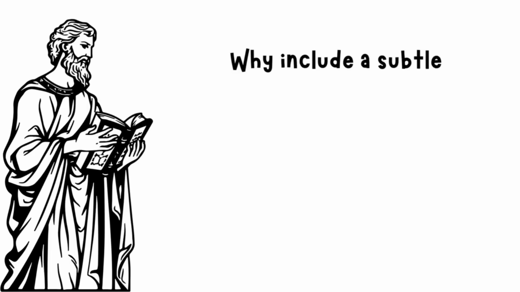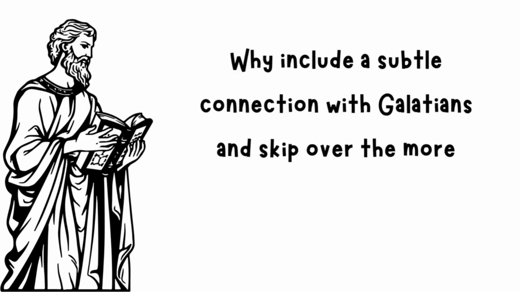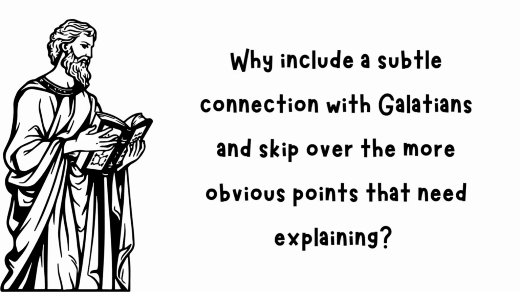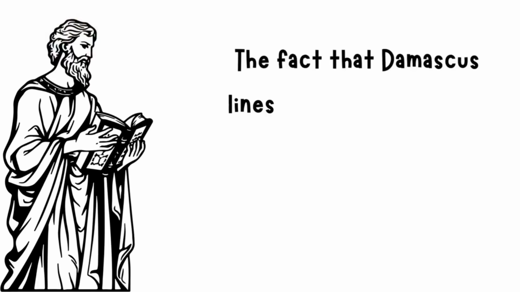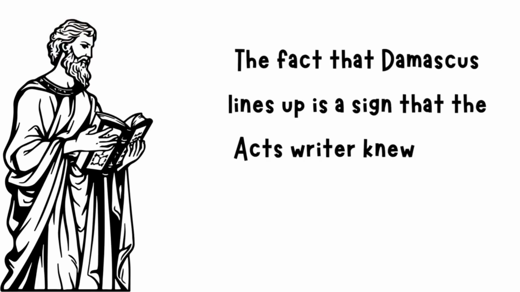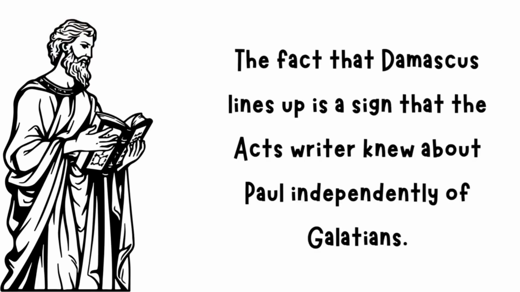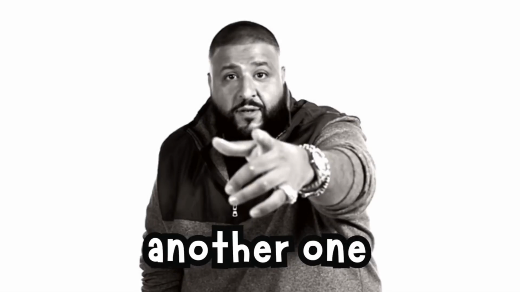Why include a subtle connection with Galatians and skip over the more obvious points that need explaining? That would mean the author of Acts was both super sneaky and a world-class screw-up at the same time. The fact that Damascus lines up is a sign that the Acts writer knew about Paul independently from Galatians. Or how about another undesigned coincidence?